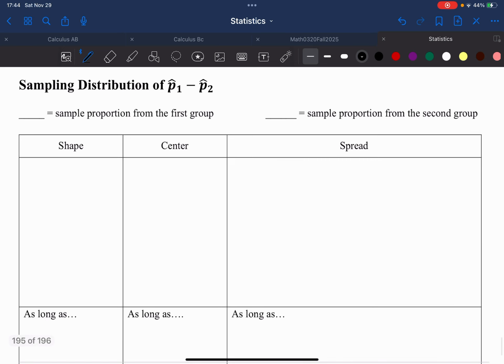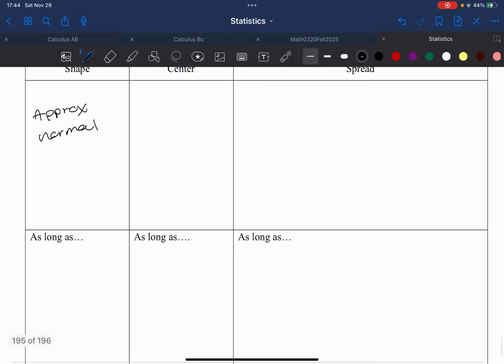Now, talking about a sampling distribution for P1 hat minus P2 hat. Let P1 hat be the sample proportion for the first group and P2 hat be the sample proportion for the second group. For shape, we still want it to be approximately normal, but not only do we have to meet the large counts condition for P1 hat, we also have to meet it for P2 hat.